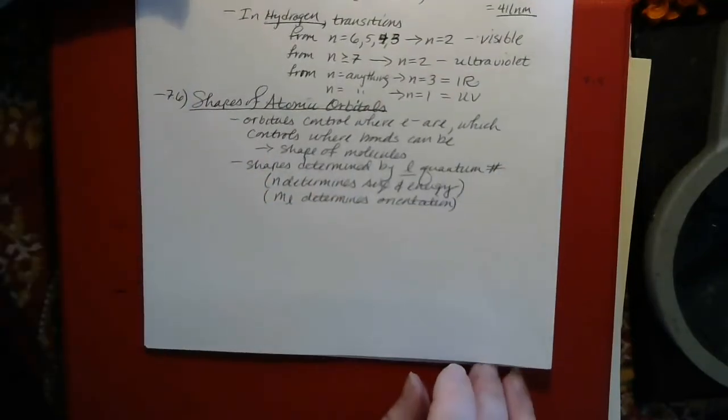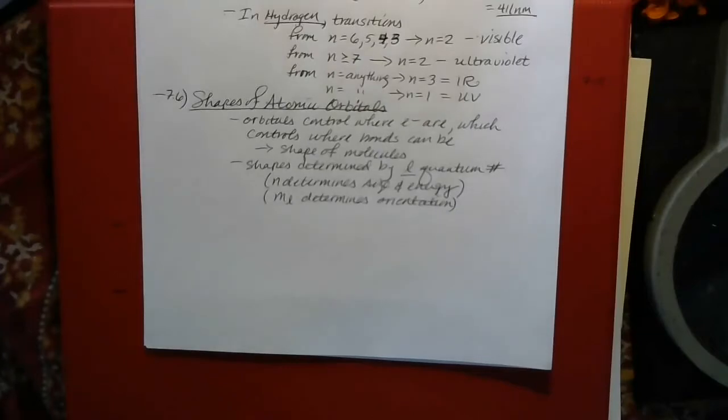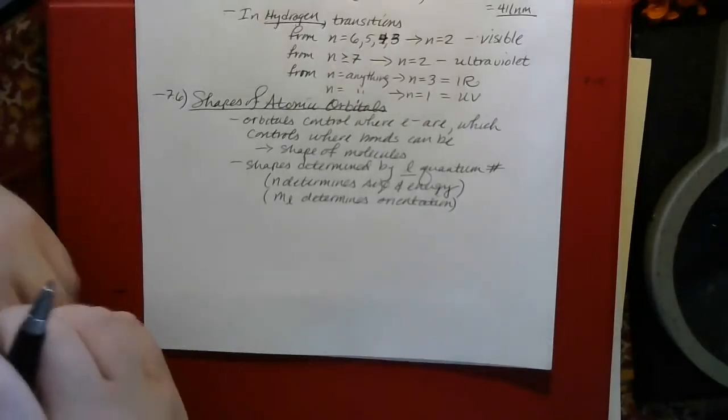Because that's how the various p-type or d-type orbitals differ from each other. Other orbitals of the same type differ in orientation. So if you know M sub L, you know which particular orbital of that type you're talking about, which is also its orientation.